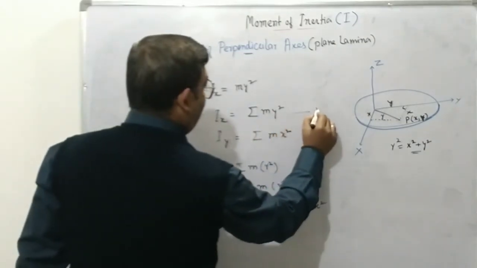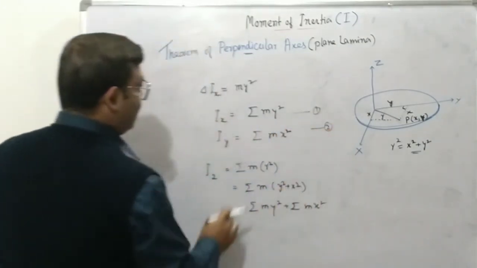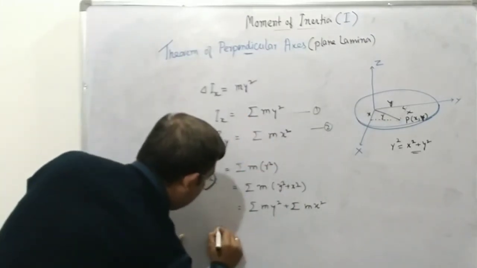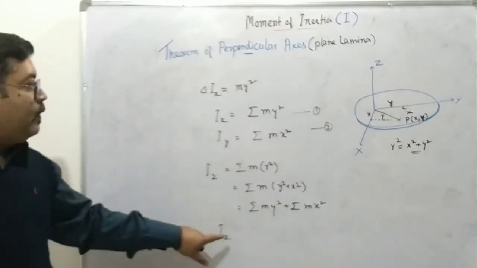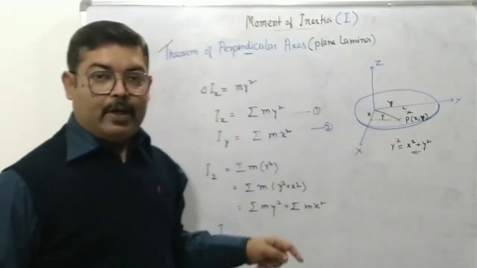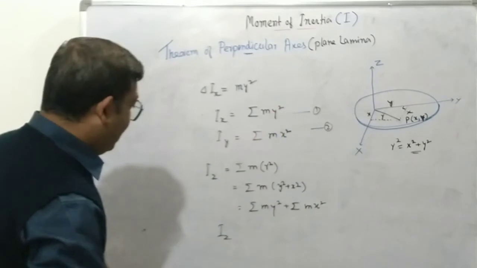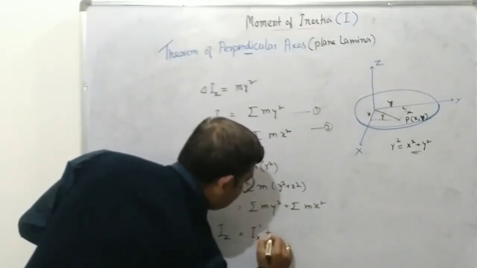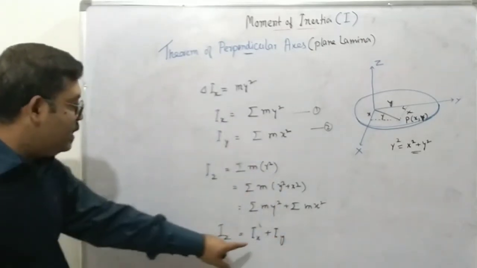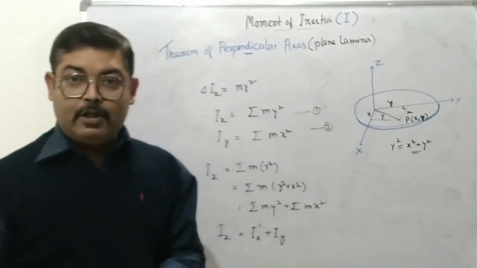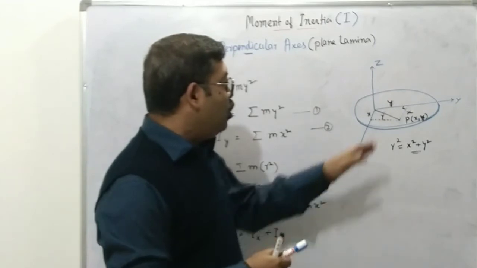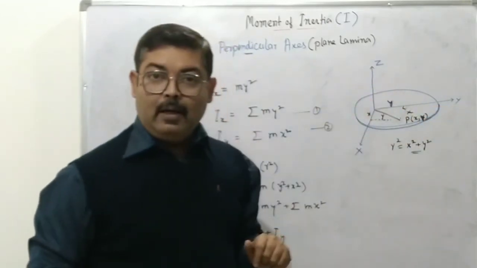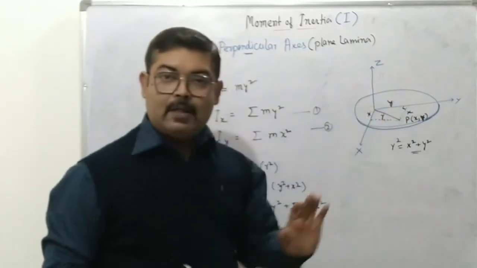So in equations 1 and 2, if we substitute the values of summation of m y squared and m x squared in here, we get Iz, that is the moment of inertia of the plane lamina about an axis perpendicular to its plane, equal to Ix plus Iy. That is equal to the sum of the moments of inertia of the body about two perpendicular axes lying in the plane. The x and y axes are perpendicular to each other.